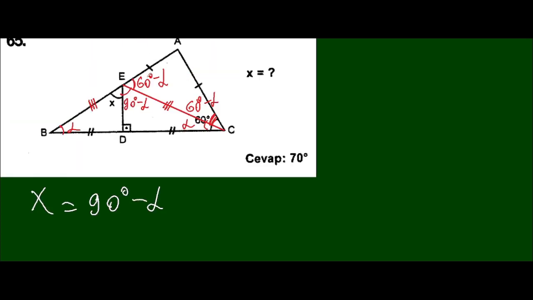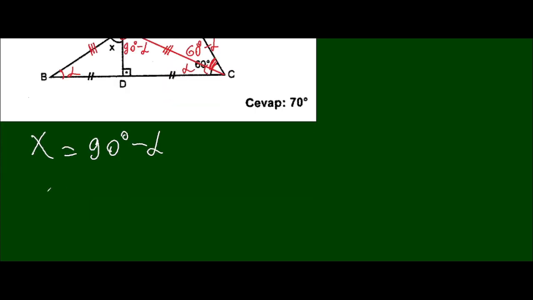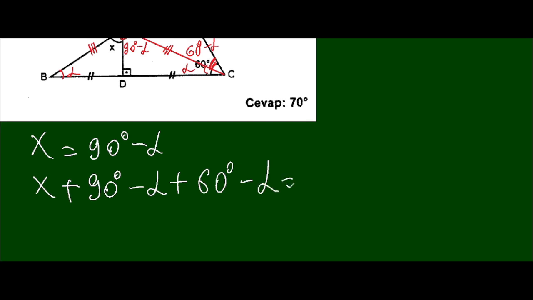And again, we know that the sum of these three angles will give us 180 degrees. x plus 90 degrees minus alpha plus 60 degrees minus alpha has to give us 180 degrees.